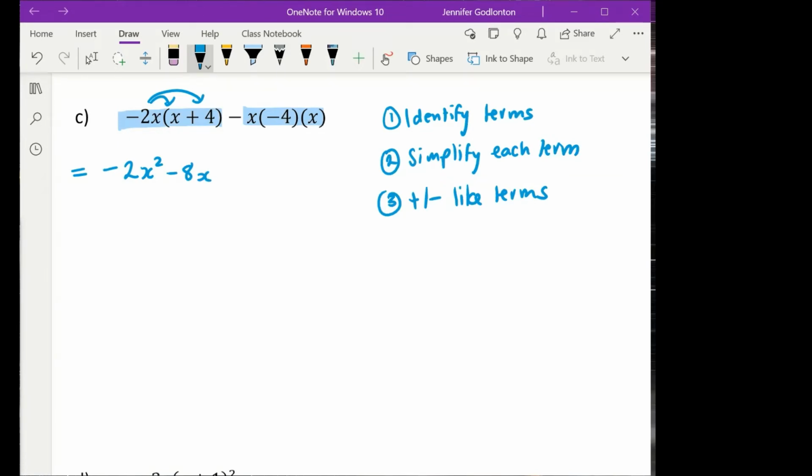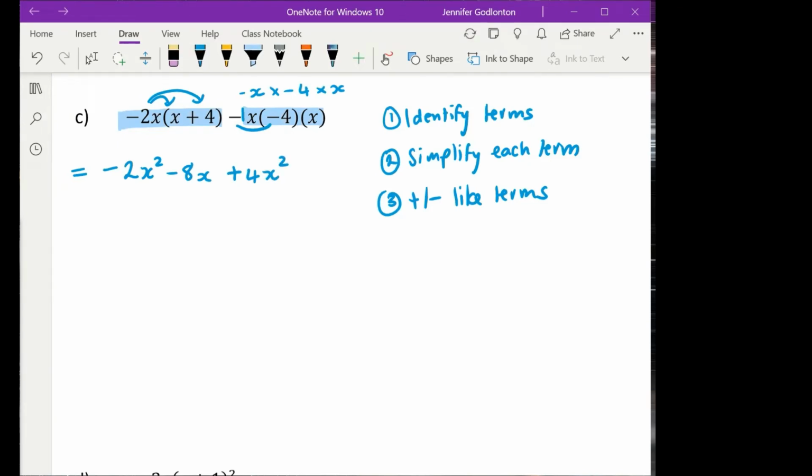Now my second one, all that's happening here is I'm multiplying everything together. So this is the same as saying negative x times negative 4 times x. So I've got a negative times a negative, which is going to become a positive. My numbers are 1 times 4 times 1, which is 4. And then I've got 2 x's, which is x squared.